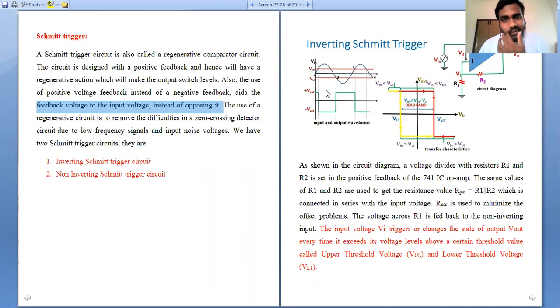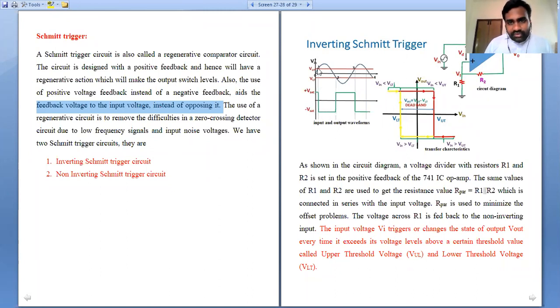But what actually happens after this condition? After this instant, the input voltage drops with respect to the upper threshold voltage. But even though here we have negative VSAT, from instant 1 to instant 2, until the input voltage meets the new threshold voltage, the output voltage is always low.